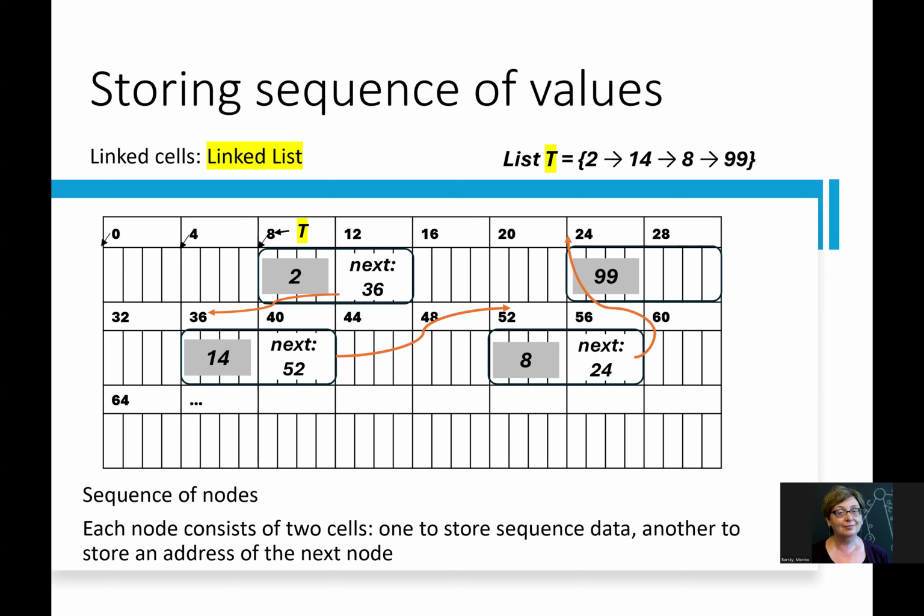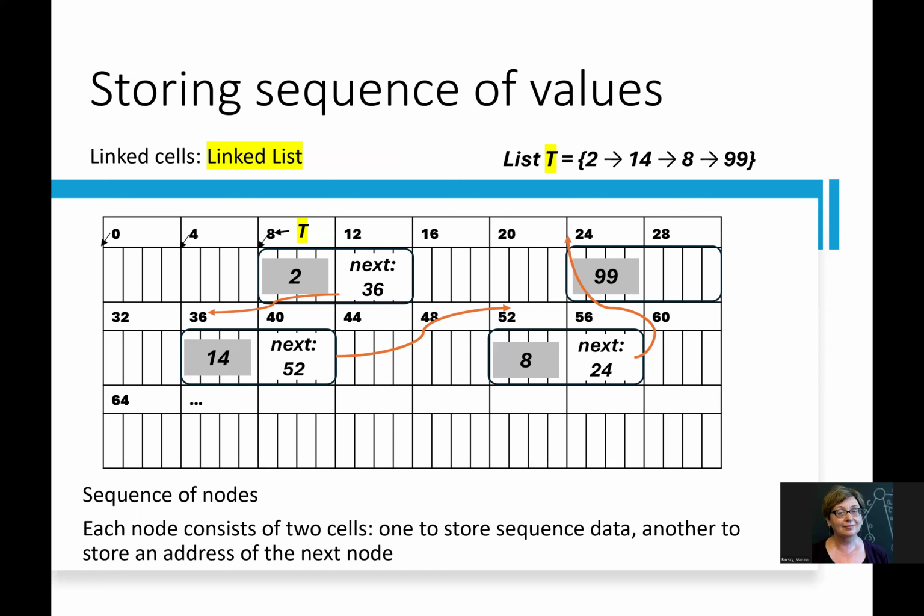For example, here the first value of the sequence, value 2, is stored in memory location 8. Next to it, we find the address of the next element in this sequence, the address 36. If we jump to address 36, there we will find the next element of the sequence, which is 14, and next to it we will find the address of the next element.